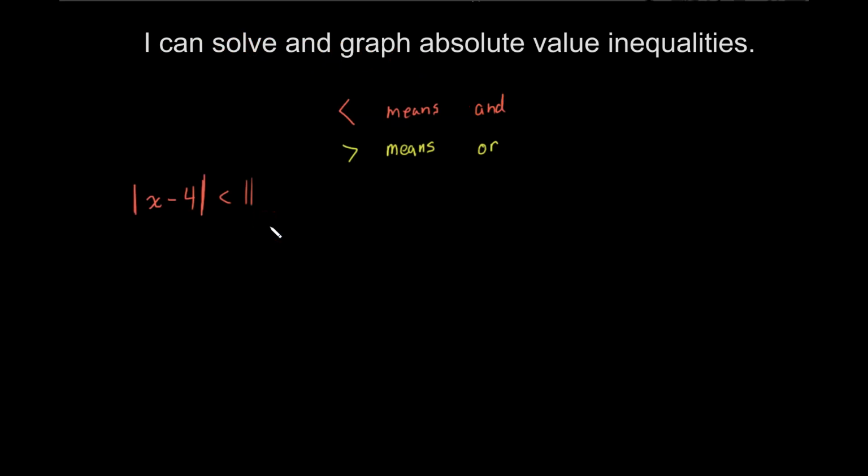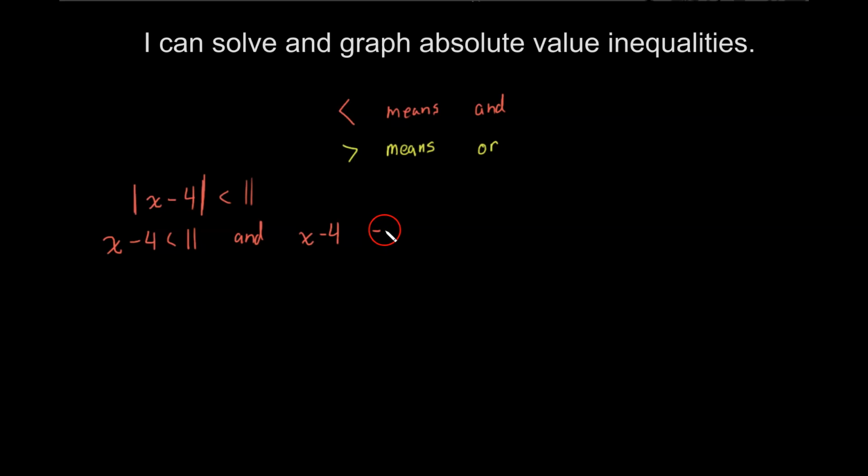We're looking at the absolute value inequality |x − 4| < 11. So this is a less than. We get the two inequalities: x − 4 is less than positive 11, and x − 4 compared to negative 11. This is the tricky part.